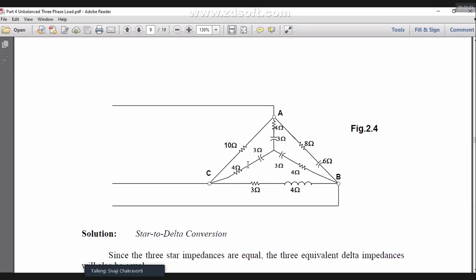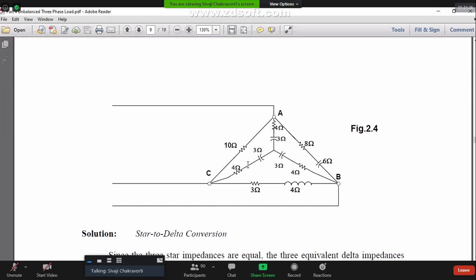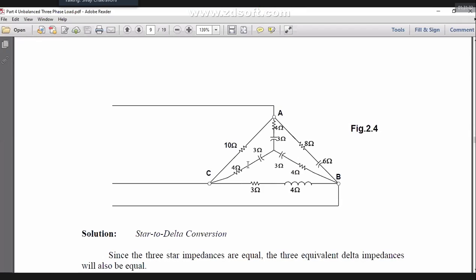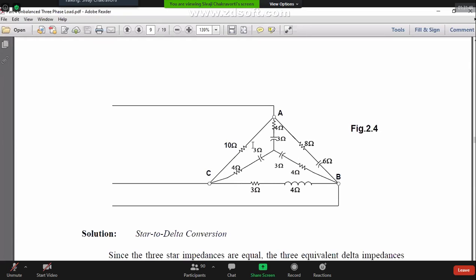And just think that this is your locality. That means the three groups of houses in three phases have this sort of load, this sort of impedances. What is going to happen is that A phase will have a voltage of 136, whereas B phase will have a voltage of 356 volts. What will happen to your household appliances? If you have a tube light in A phase, it will not glow because the voltage is 136 volt.